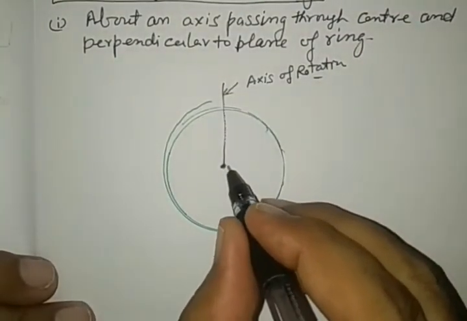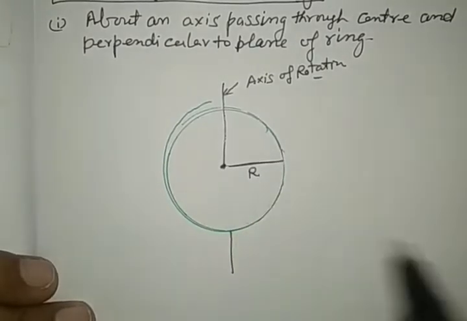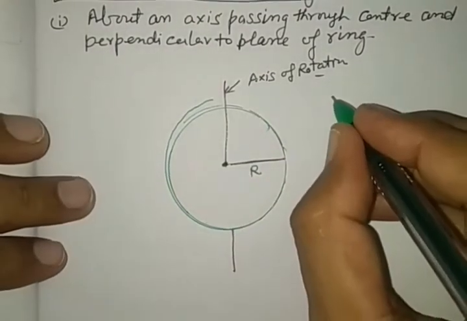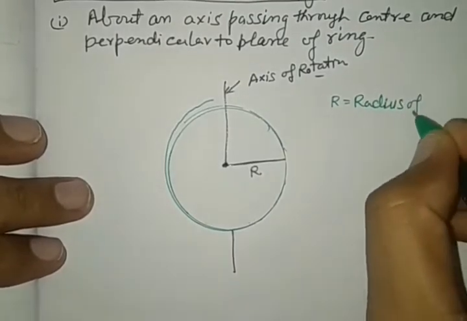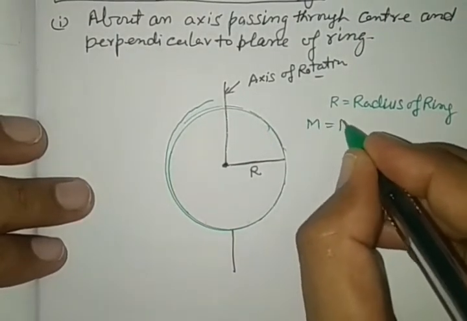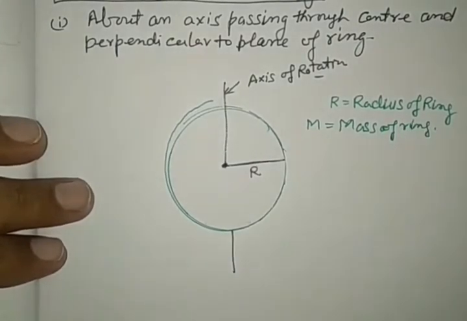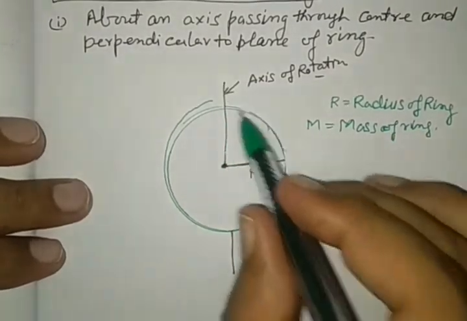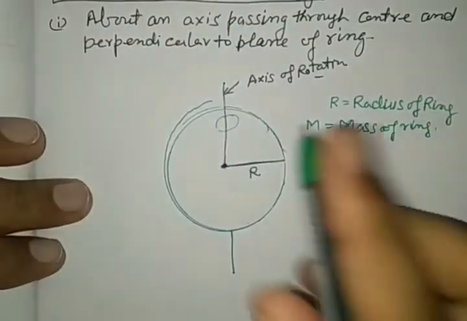Let capital R denote the radius of the ring and capital M the mass of the ring. So the axis of rotation is passing perpendicular to the plane of the ring, through which this ring can rotate.